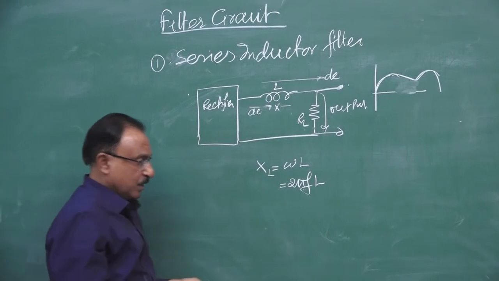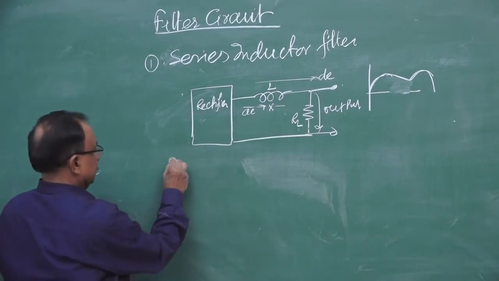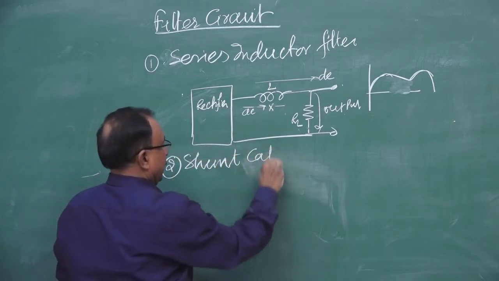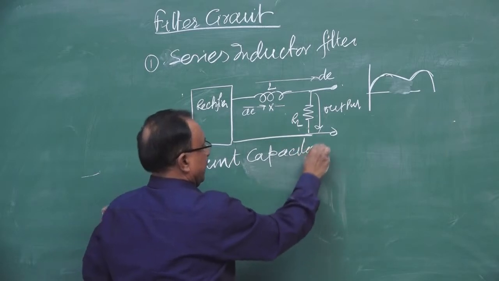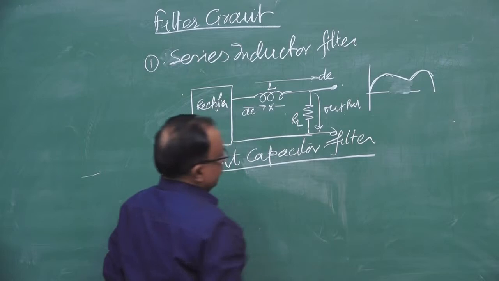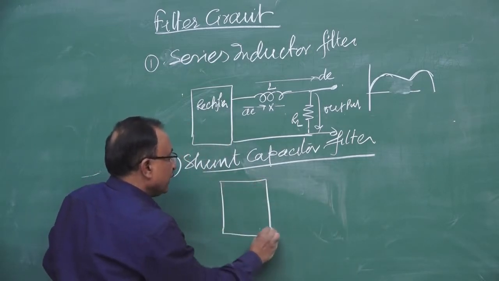The second one is the shunt capacitor filter. Here, to the rectifier circuit, we use a high value capacitor.